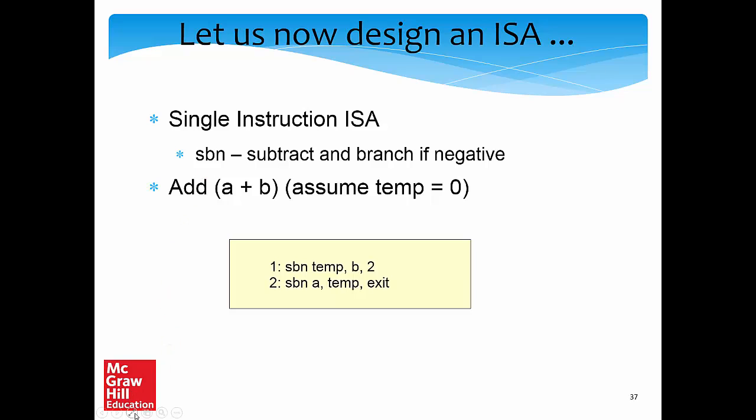So let me slightly digress and tell the readers what exactly an SBN is. Consider that you want to add two numbers, a plus b, and assume the variable temp initially has 0. The way that an SBN instruction works is as follows.